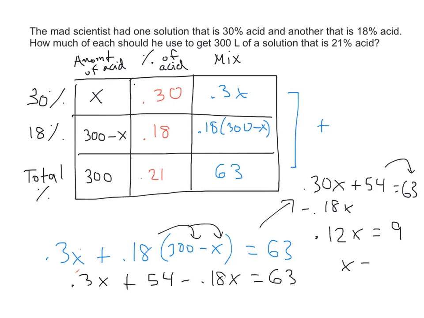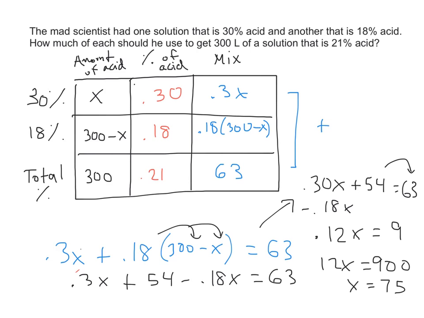And that would be x equals, if we multiply both sides by 100, 12x equals 900. X equals 75. And that's how much x we'd have.